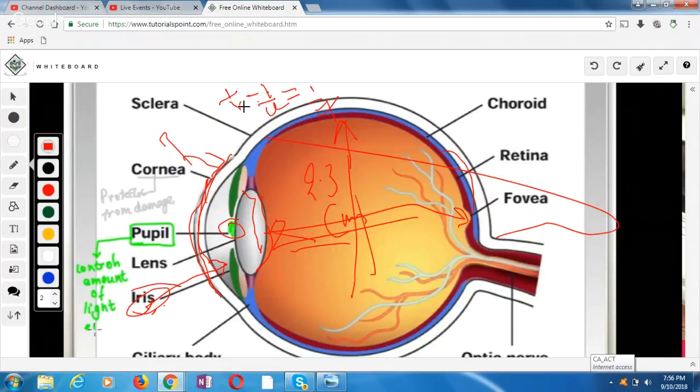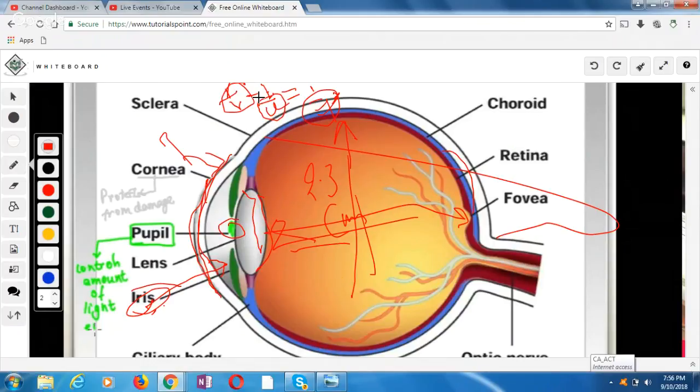What happens is that the magnitude of v is always fixed. If the magnitude of v is always fixed, and the magnitude of u is always changing depending on where the object is, we have to properly change the f so that the v remains constant always.